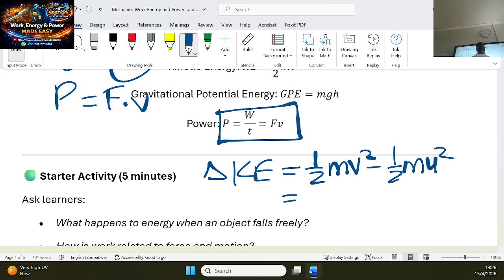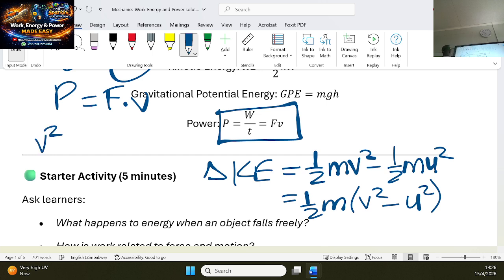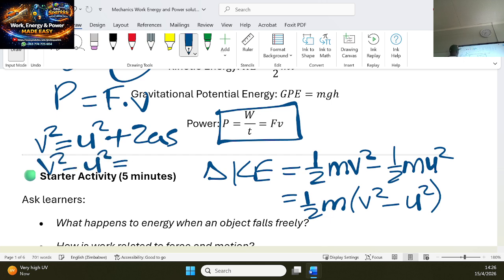But if we check, there are common things that we can factor there: half m into v squared minus u squared. According to equations of motion, v squared equals u squared plus 2as, such that if I make v squared minus u squared the subject, that will be equal to 2as.